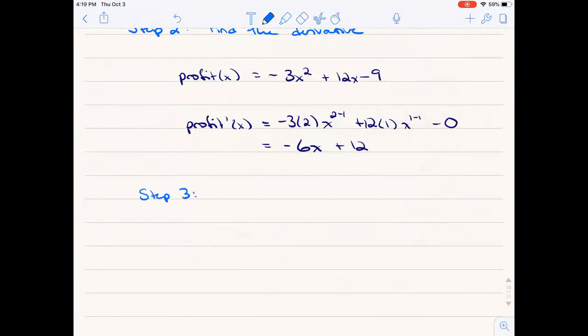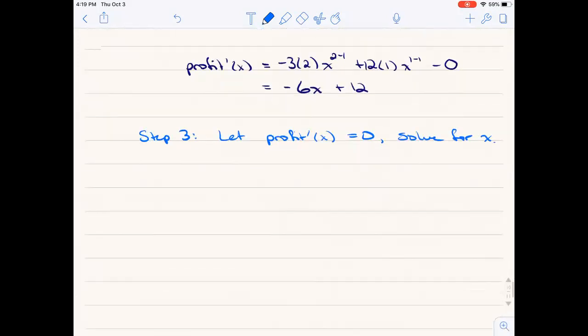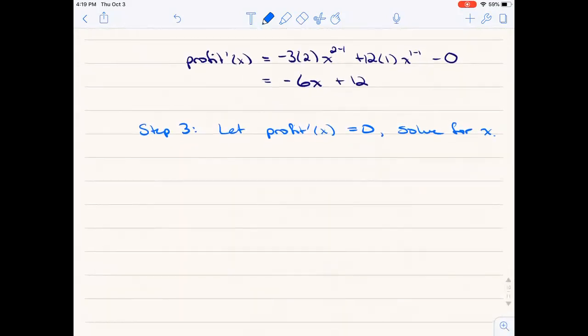Step 3, let the derivative of the profit function equal 0 and solve for x. So we said that the derivative of the profit function is 0, which I'm forcing, negative 6x plus 12.